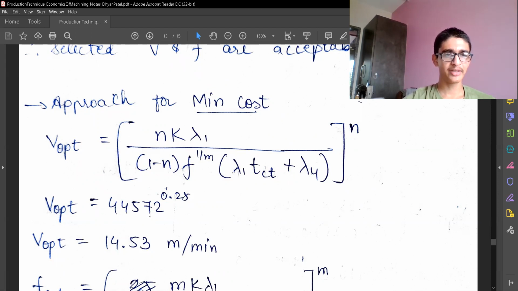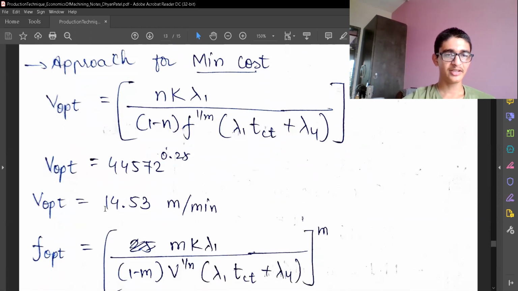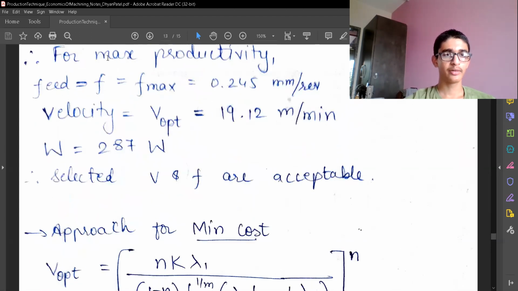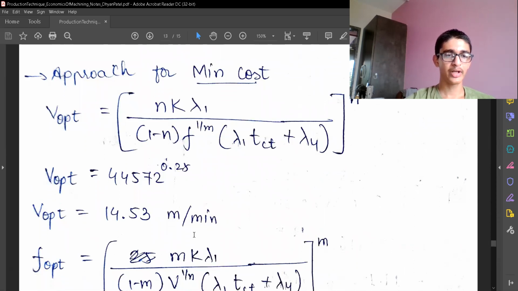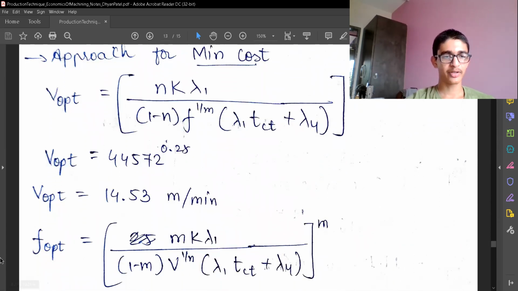So we find the V optimum, and this V optimum is definitely less than the velocity we got for maximum production, which was 19.2. Here we have got 14.5, and using this expression you can find the optimum feed rate also.